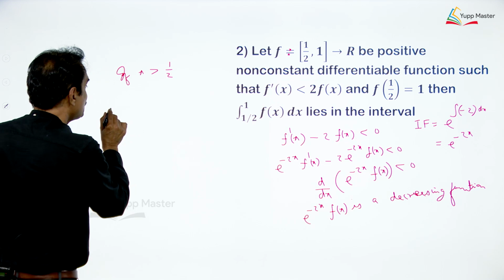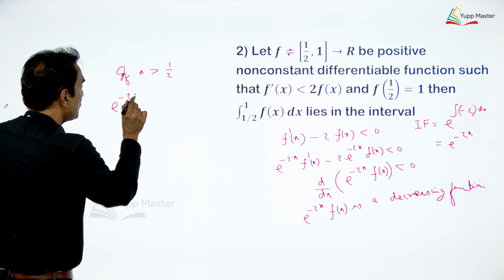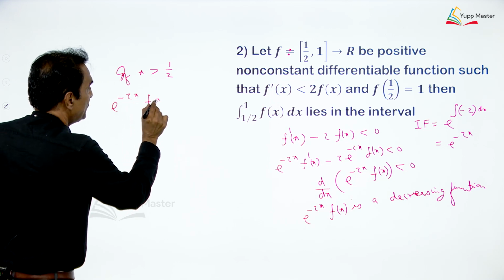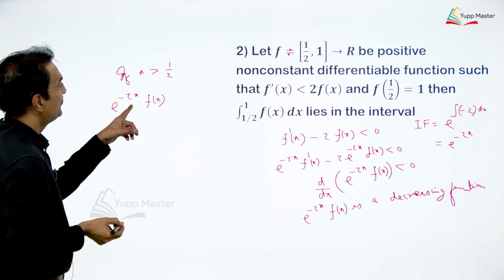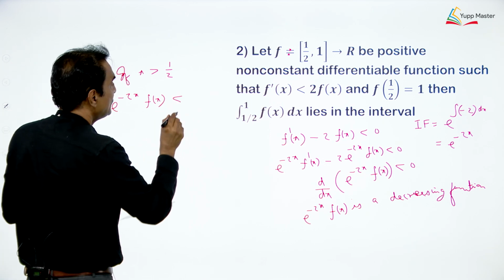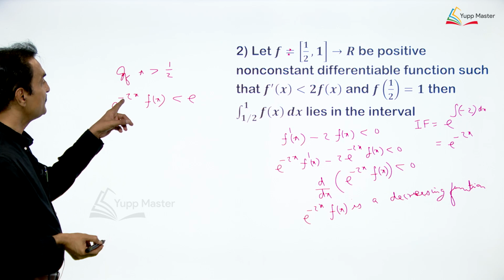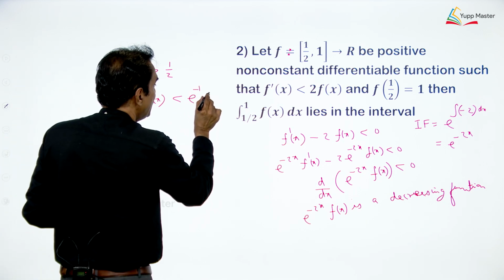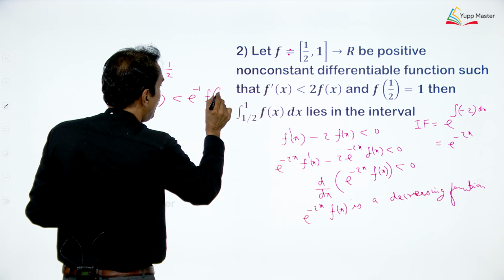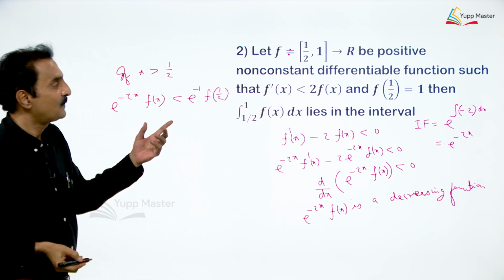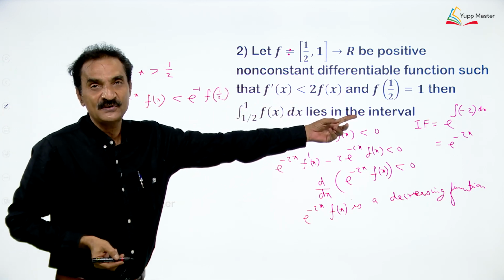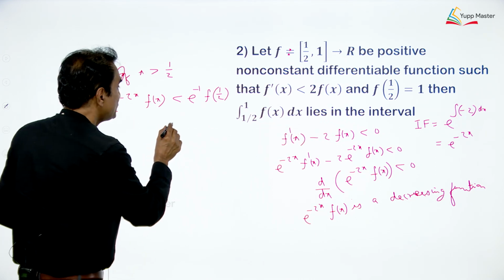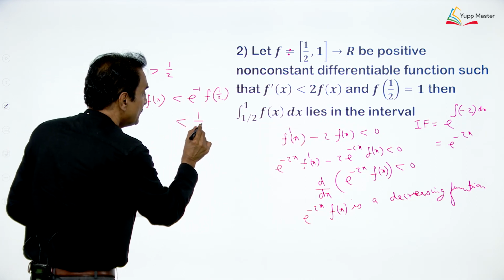E power minus 2x into f of x will be less than e power, substitute half, e power minus 1 into f of 1 by 2. F of 1 by 2 is given as 1. So, this will be less than 1 by e.